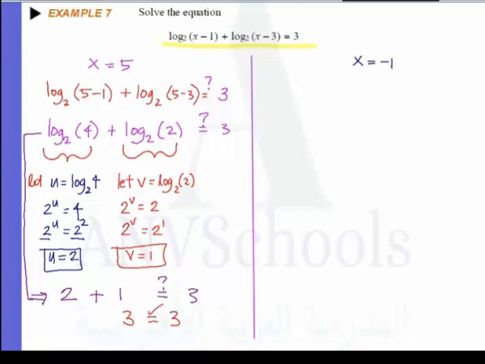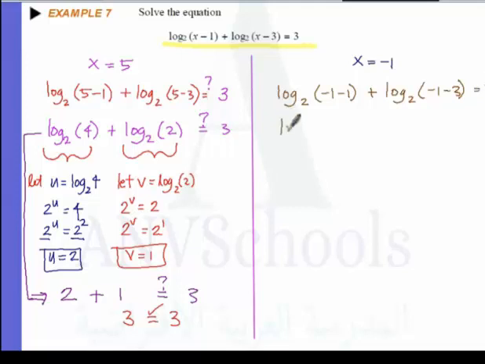Okay, what about this expression? So let us use again the values, substituting the values for x. So we have log 2 of -1 minus 1 plus log 2 of -1 minus 3 is equal to 3.